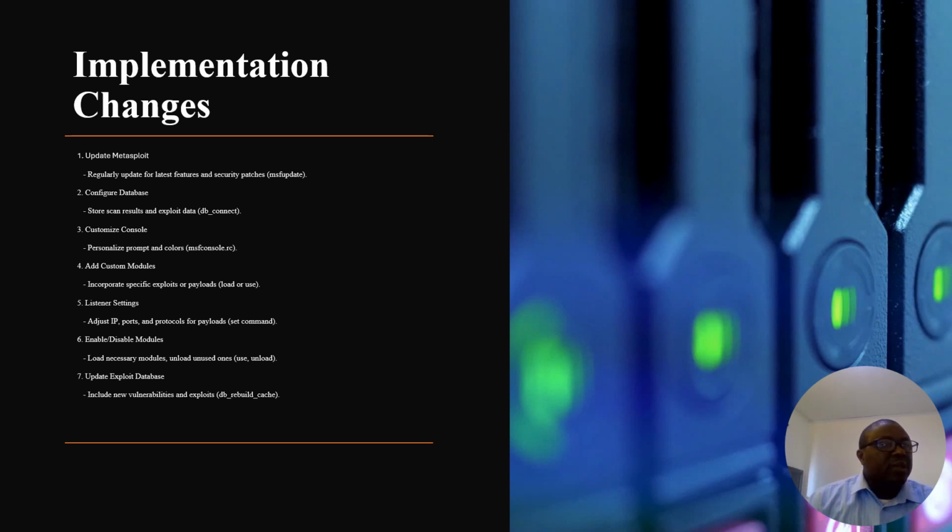Incorporate specific exploits or payloads. Adjust the listening settings, IP, port and protocols for the payload with the set command. Enable or disable modules. Load necessary modules, unload unused ones. Update the exploit database. Include new vulnerabilities and exploits to rebuild.